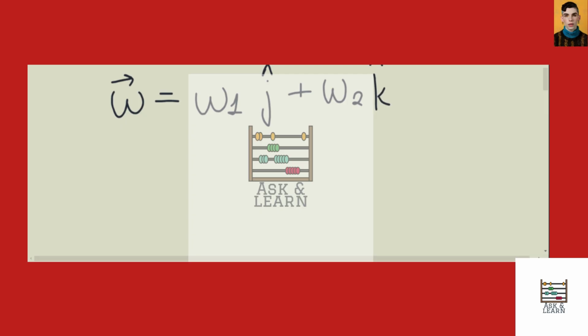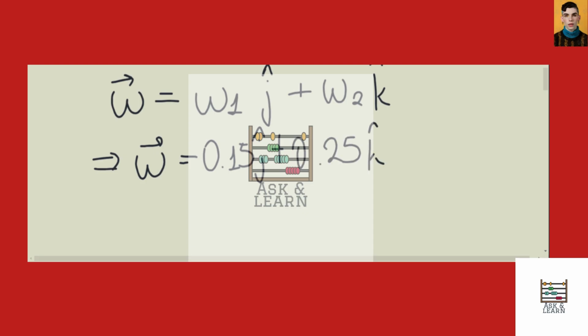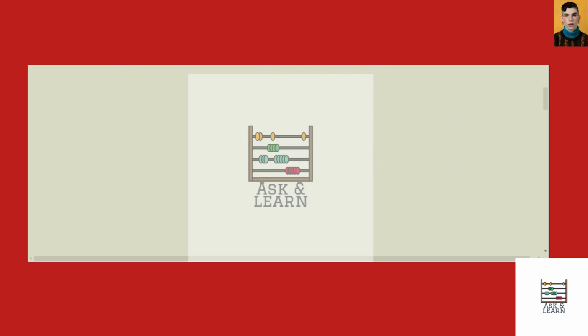It's a combination of the two rotations described in the guidelines of the problem. So immediately this is just 0.15 j hat plus 0.25 k hat, radians per second as always.